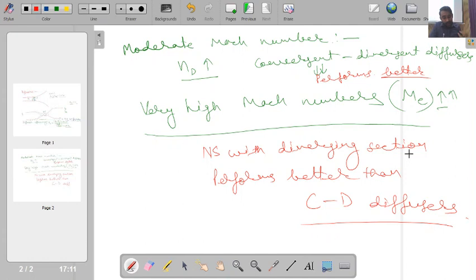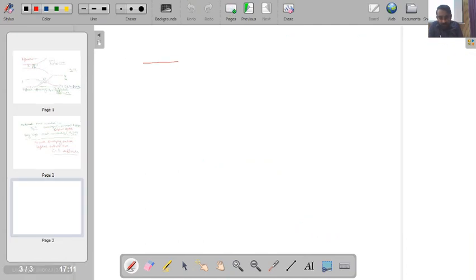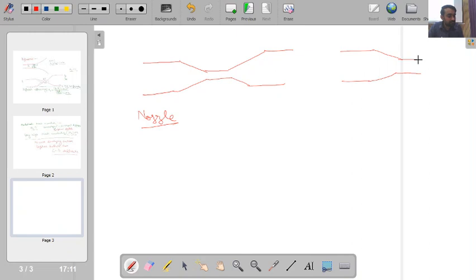Okay, now one important aspect is that if we have this convergent divergent diffuser section, then we will basically have two configurations. One convergent divergent section for the nozzle, and one convergent divergent section for the diffuser.